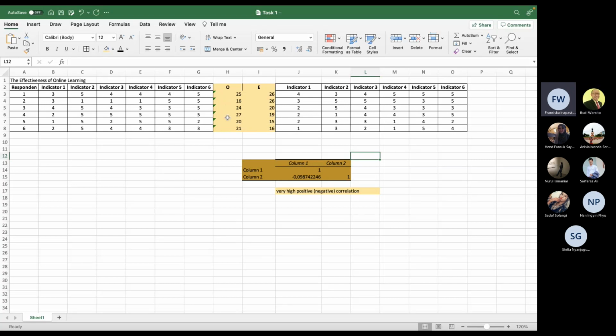I have already calculated the correlation as you told us at the previous meeting. The correlation here is 0.09, and the correlation is very high positive correlation, sir.